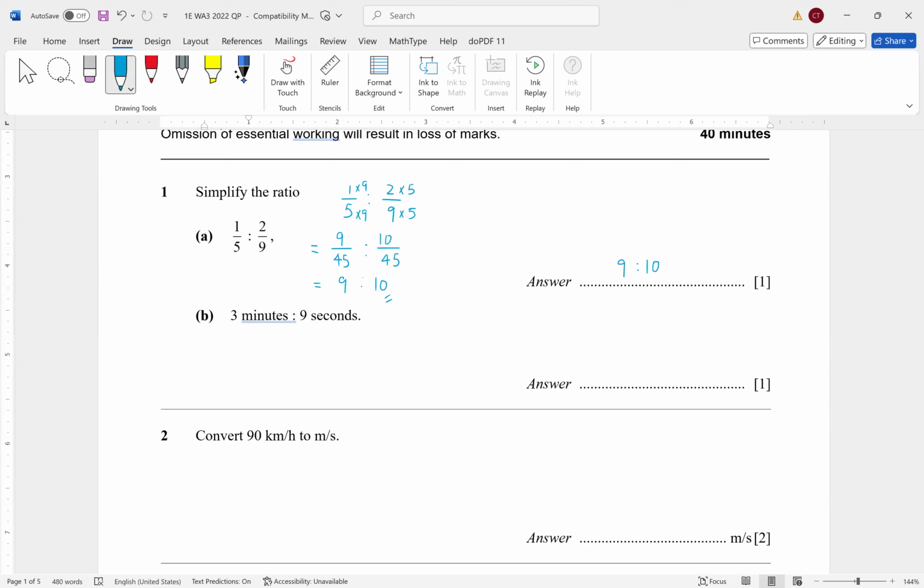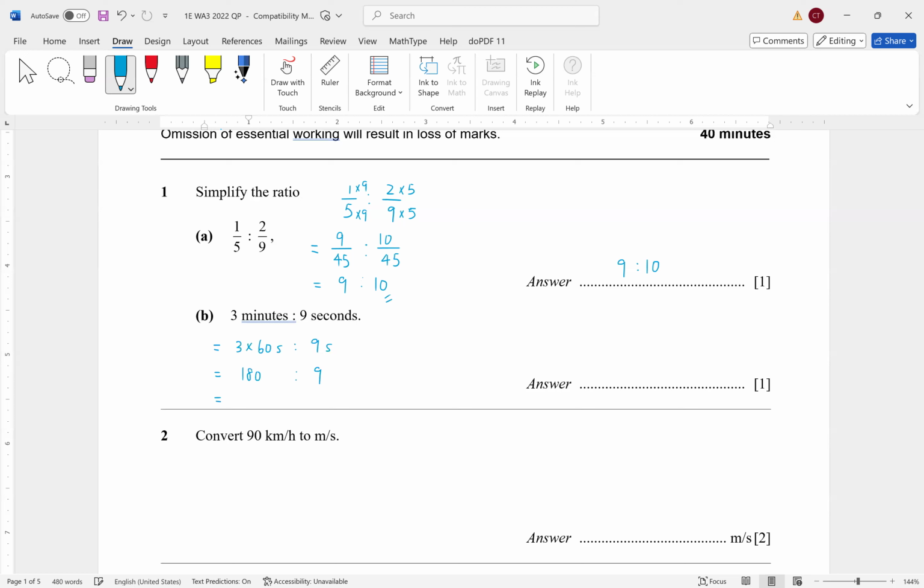We know that 1 minute is 60 seconds, so 3 minutes will be 3 times 60 seconds, which is 180 seconds, is to 9 seconds.